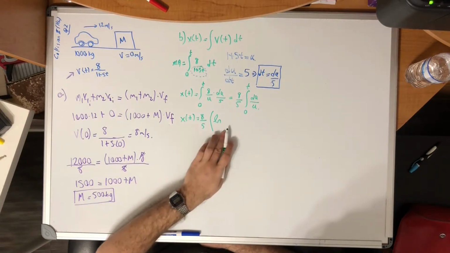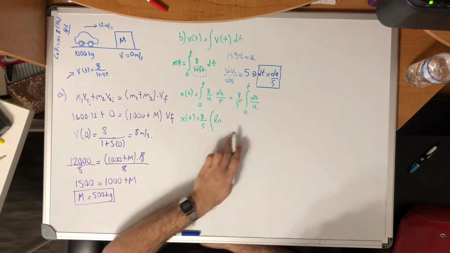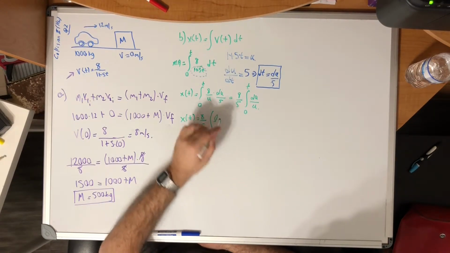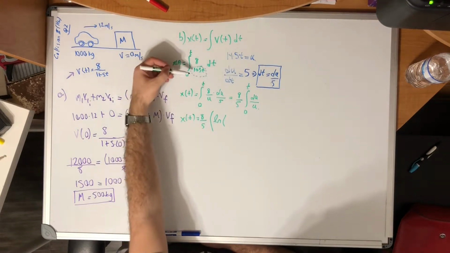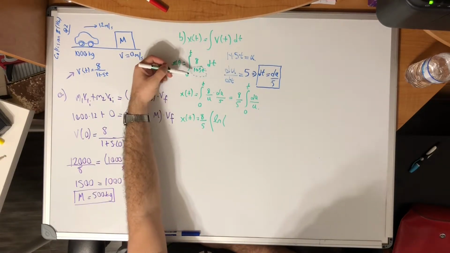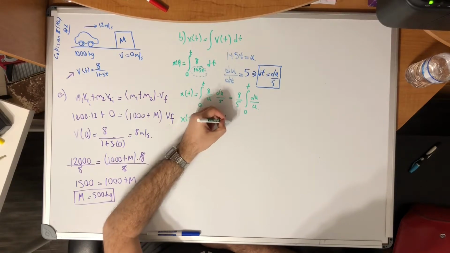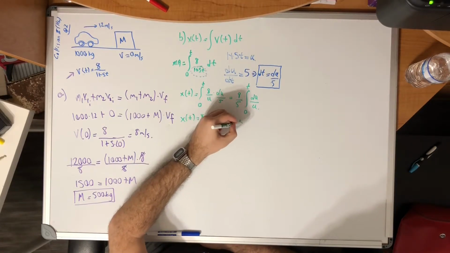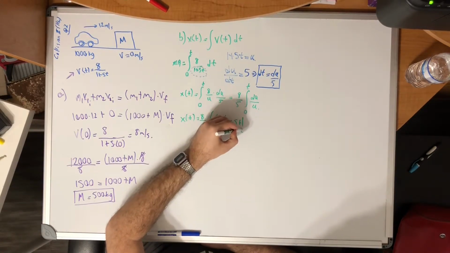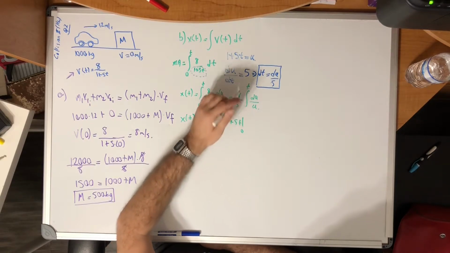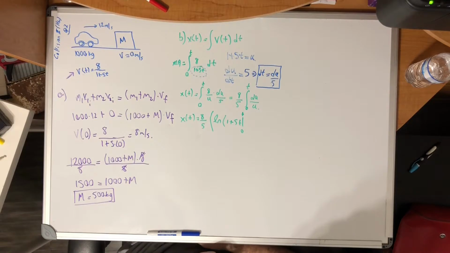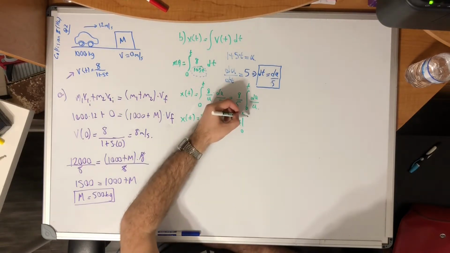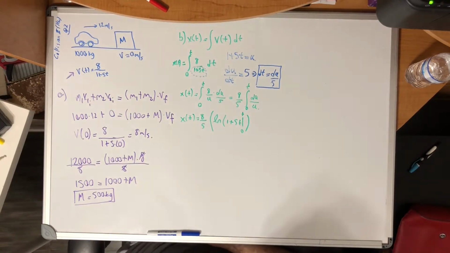But once you take the integral, you can replace this u back to wherever it was before. So I will just make it 1 plus 5t, and then my boundaries are 0 and t. And that is going to be my integral.